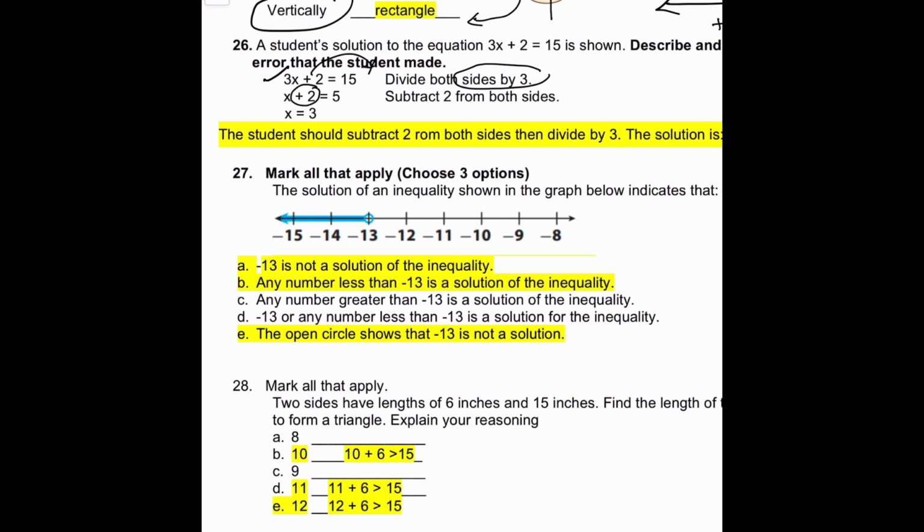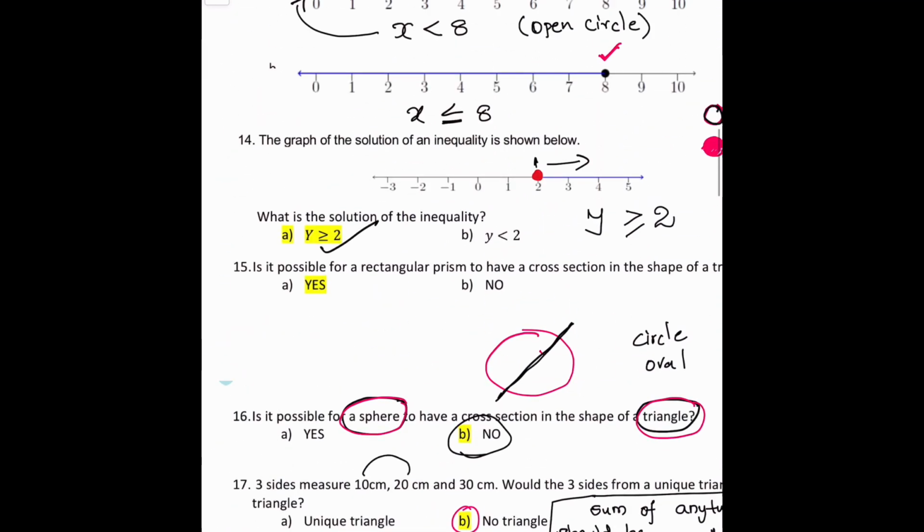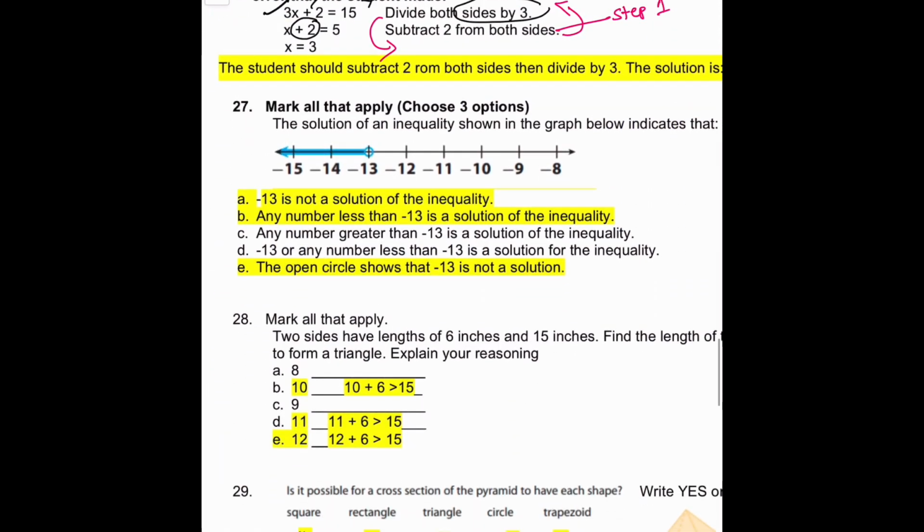So the mistake he made is that you should not divide by 3 on both sides first. You should subtract and then divide. This is step 1, and sorry for that, this is step 2. Exchange the steps and then it will become correct.